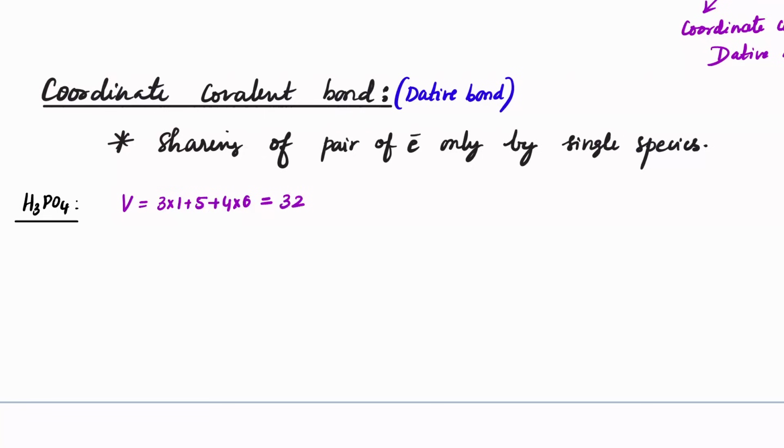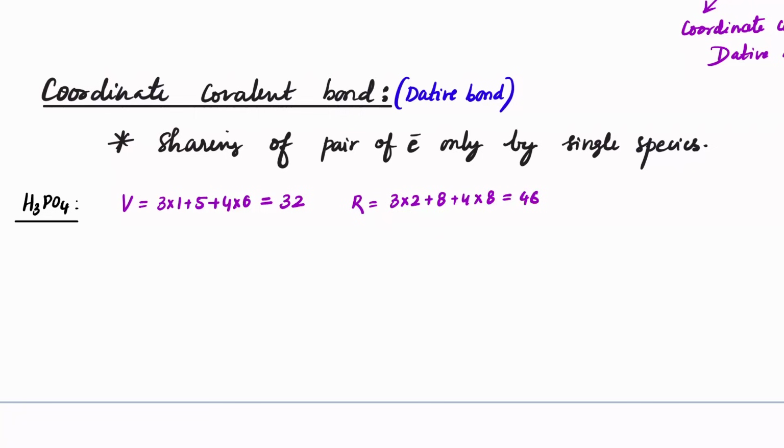And what about the R value? R value is 3 cross 2 plus 8 plus 4 cross 8. Got it? So how much do we get here? We would get this as 8, 5 is 40, 40 plus 6, 46.